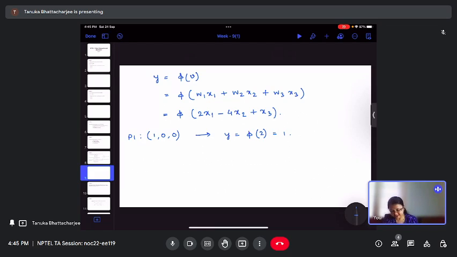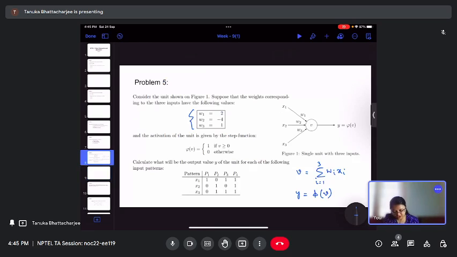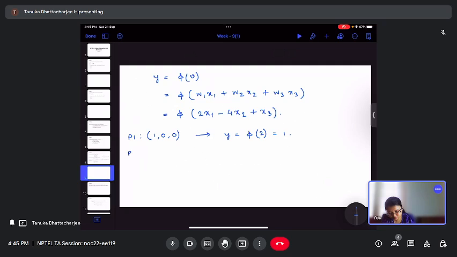Now let us see the next pattern. P2 is 0 1 1. So here you will have y equals phi of, x1 is 0, x2 is 1 and x3 is 1. So you have minus 4 plus 1, that is equal to phi of minus 3. Now you have a negative value within the function, so phi value for negative will be 0.